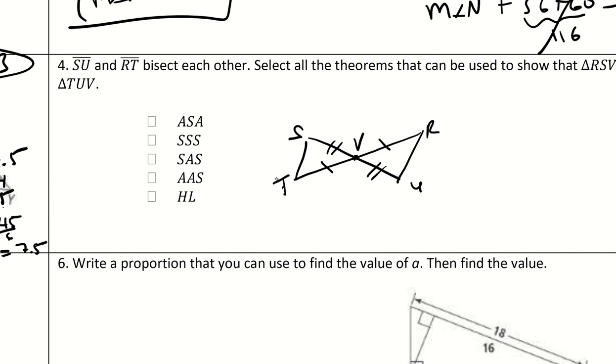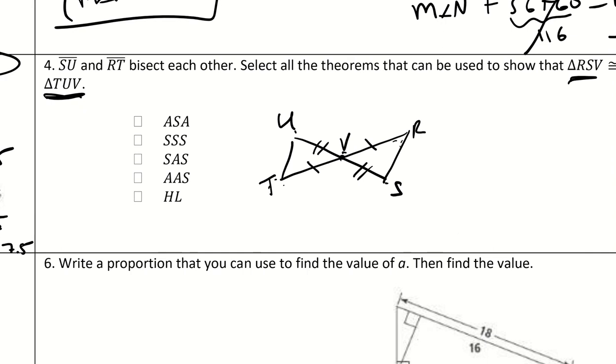So we got RT and SU. Okay, that makes more sense because they said TUV and RSV. So now we got RSV and TUV. So we got two triangles, and they cut each other in half, those two sides.